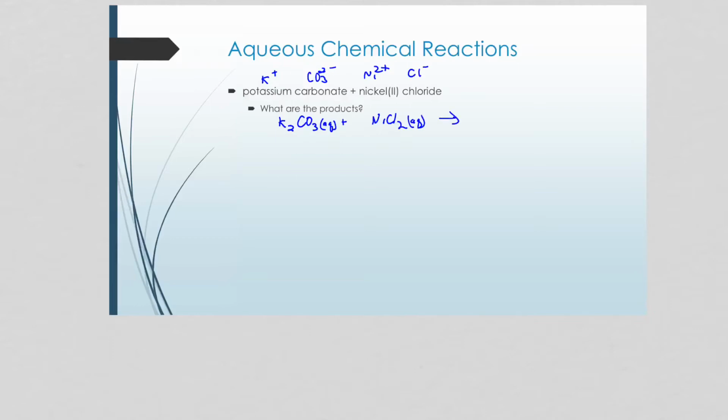So we want to try to predict the products of this reaction. Now, one thing that we want to keep in mind is when two ionic compounds react in solution, they react via what's called a double displacement pattern.